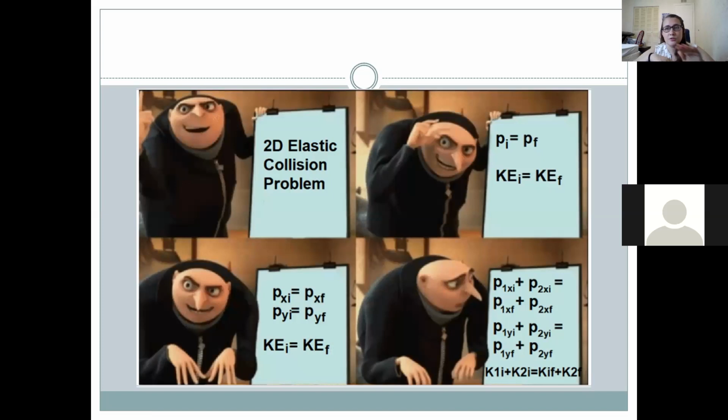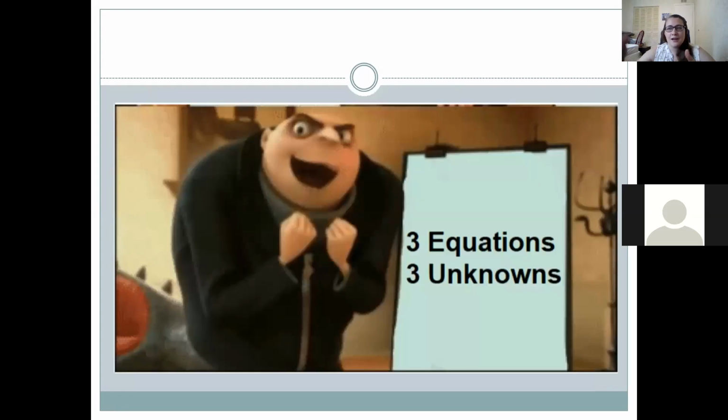Since we're dealing with 2 dimensions, we're also dealing with an x and y component. So our momentum gets broken down into an x direction and a y direction. And if there's 2 objects that are colliding, then you have 2 terms for each of those. And so you can see this almost exponential growth in the number of terms that you have to deal with.